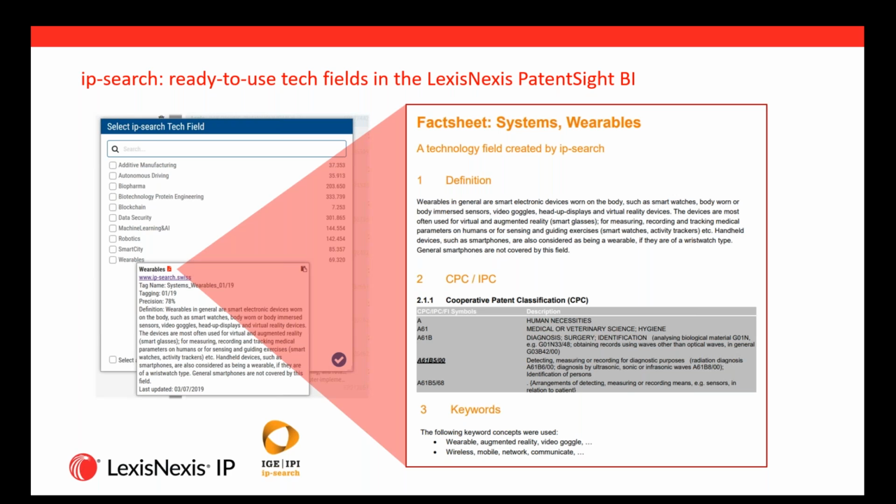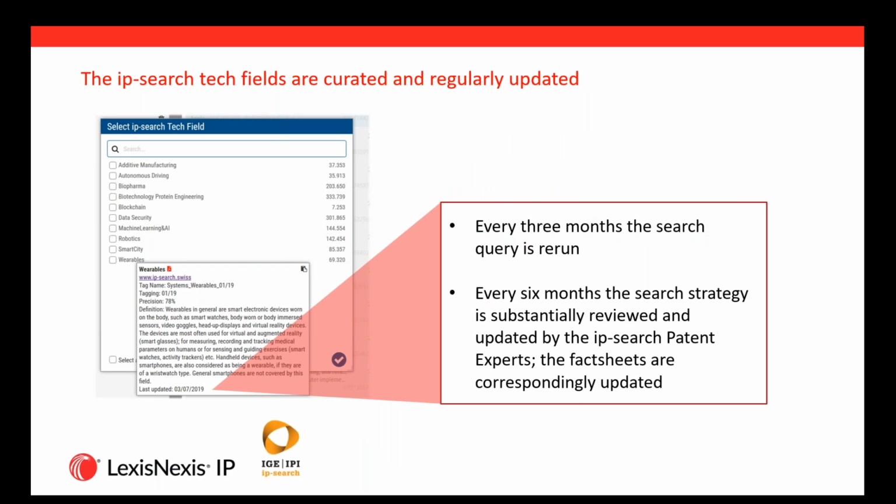This includes not only Boolean search tools, but also, for example, semantic search tools or text mining search tools. So you can have an idea of what exactly is contained in this particular technology field. So if you please go to the next slide.